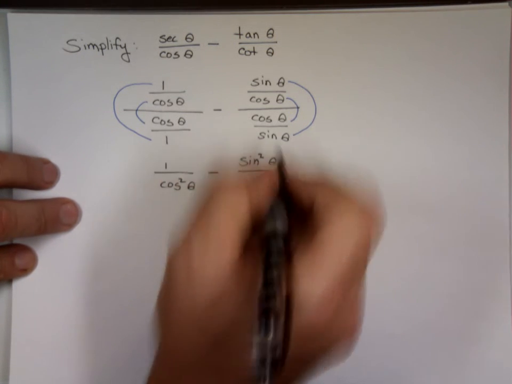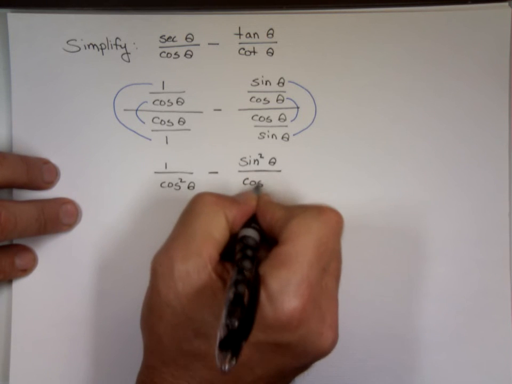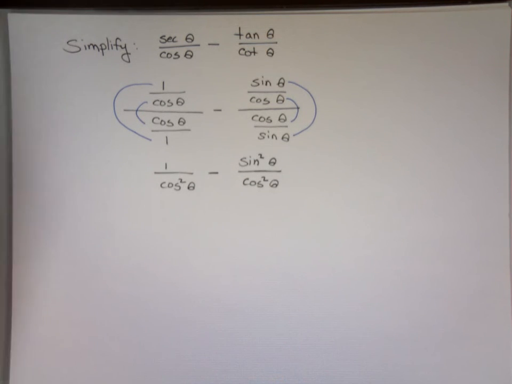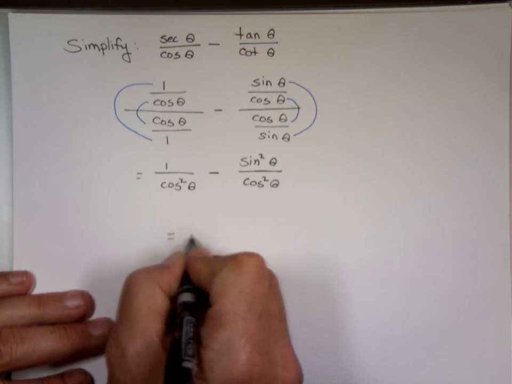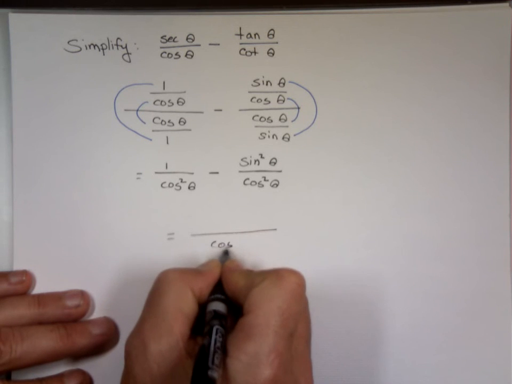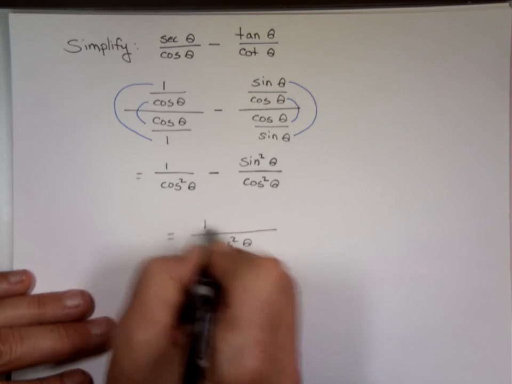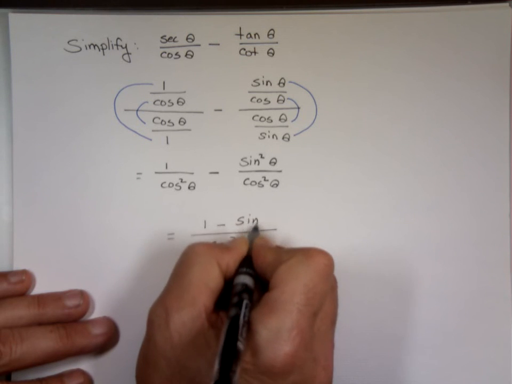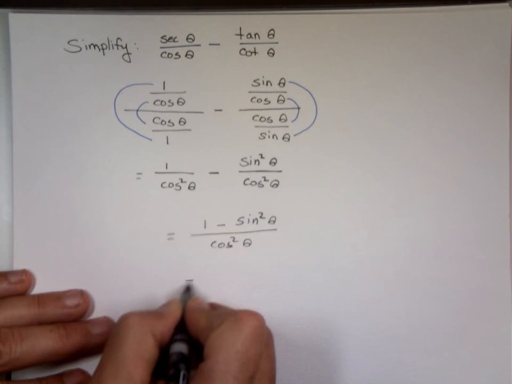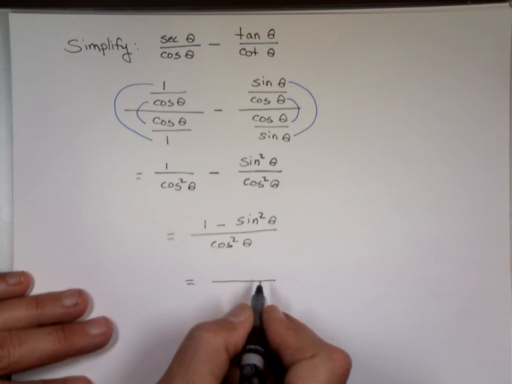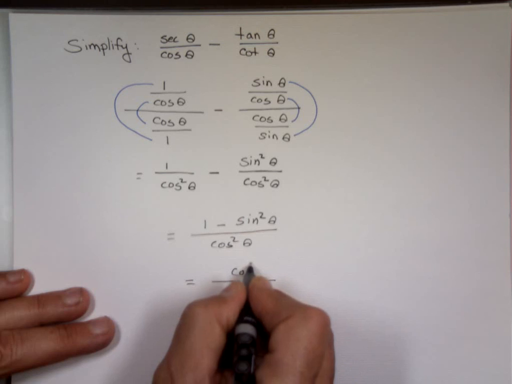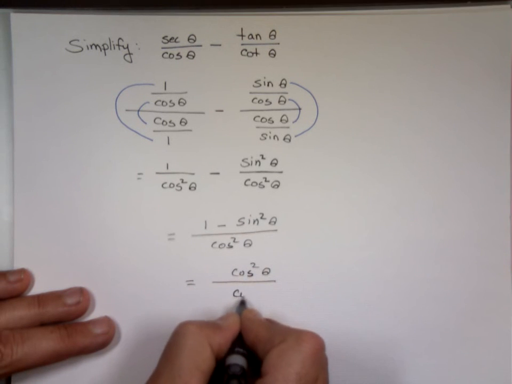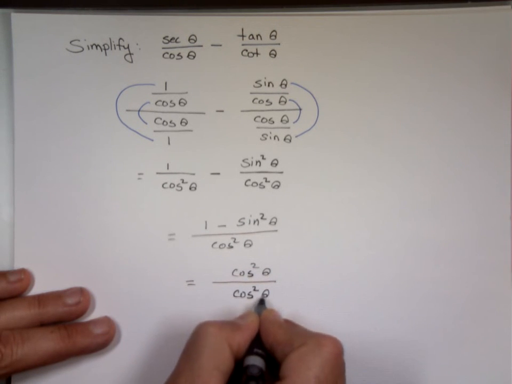Cosine times cosine, cosine squared theta. Notice the bottom is the same. One fraction. One minus sine squared theta. Look on the board. Yep. We have 1 minus sine squared to be what? Cosine squared. Yep, cosine squared theta over cosine squared theta. The result is 1.